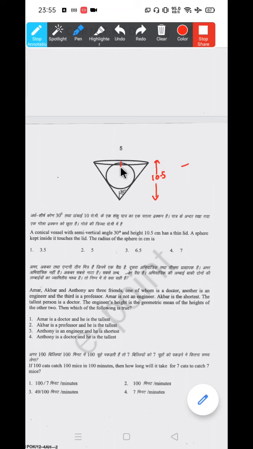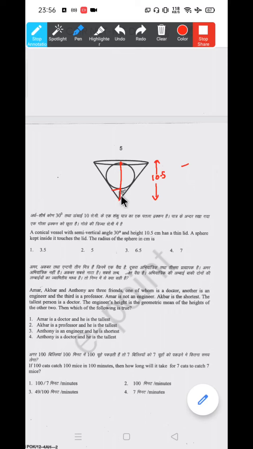So if I try to see this, this will be the diameter. The in point will be something, the remaining part will be vertical.